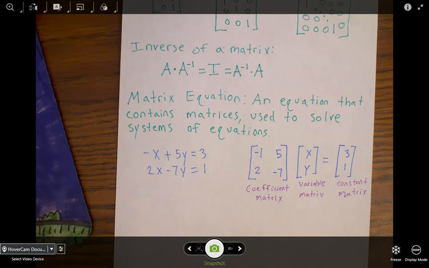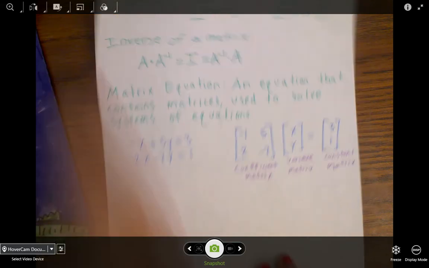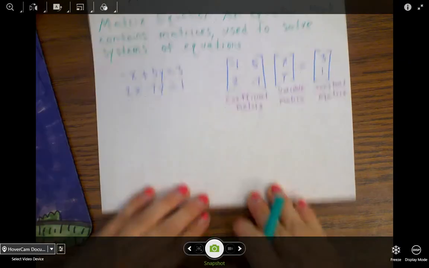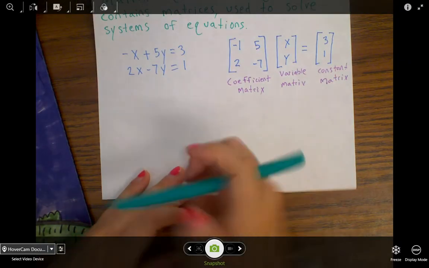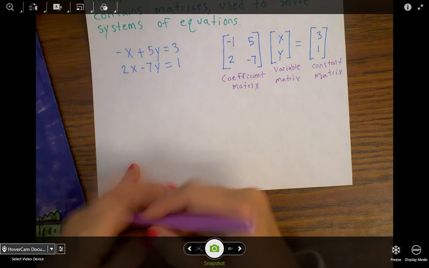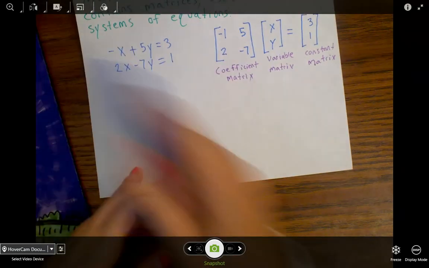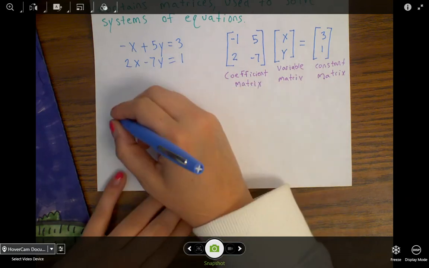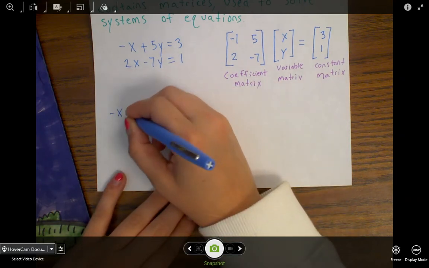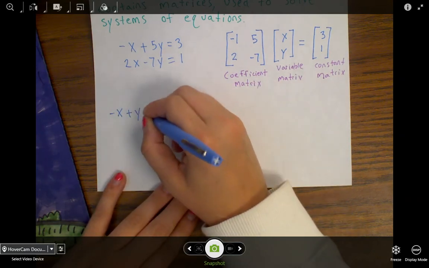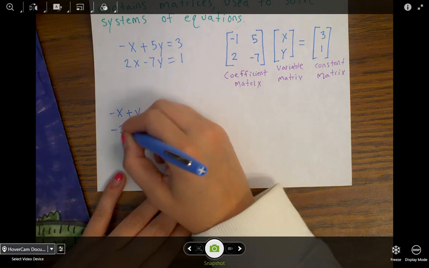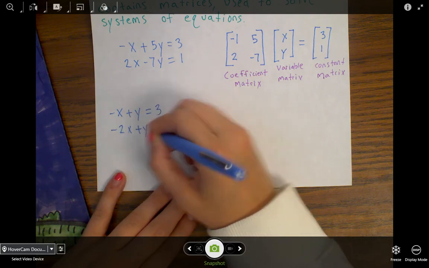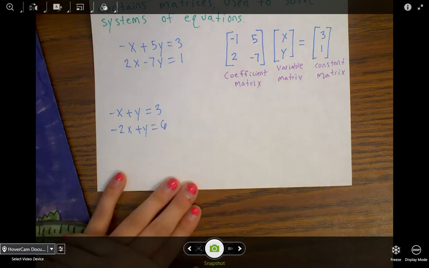Now, like I said, we want to then use that equation to help us solve. So let's look at an example where we actually try to solve something. Let's use matrix equations to solve -x plus y equals 3, -2x plus y equals 6.